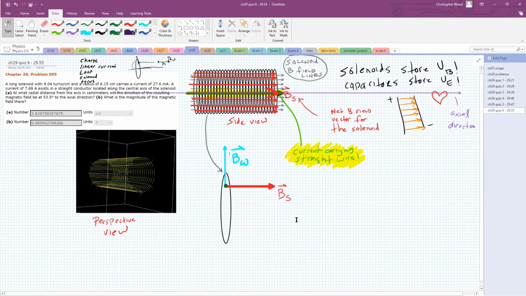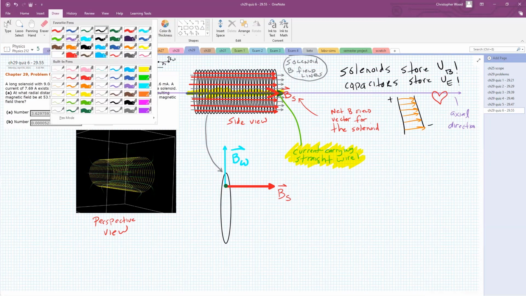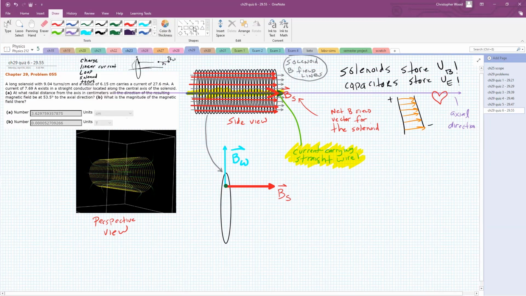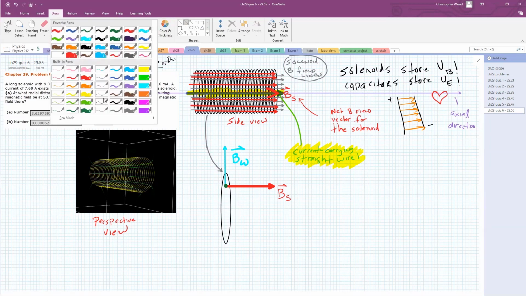That was the physics, because the question is, what's the radial distance from the axis in centimeters? So if Probert's standing right here, here's my radial, here's my axis, my longitudinal axis, looking like this.